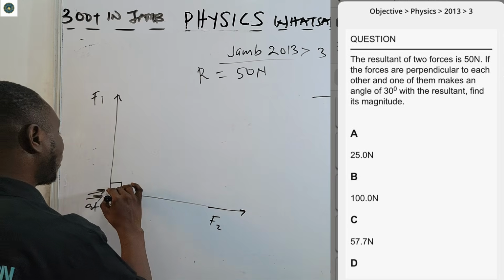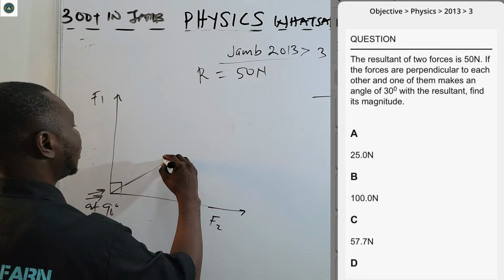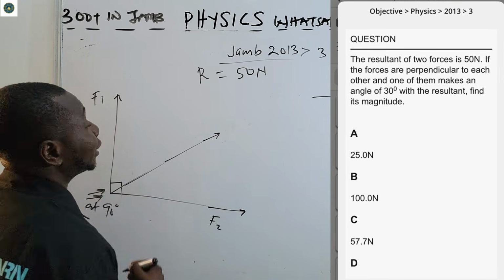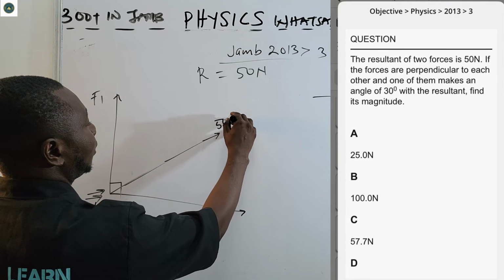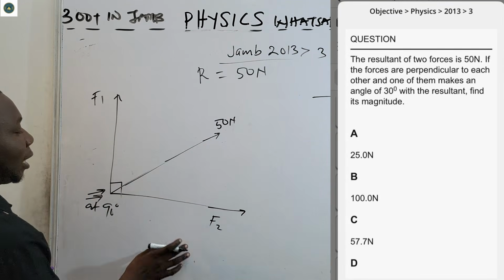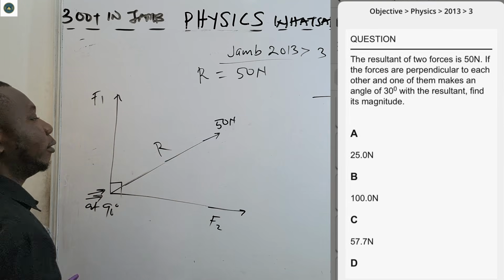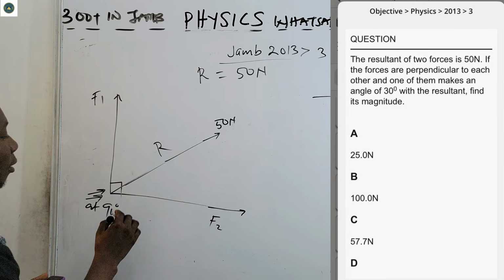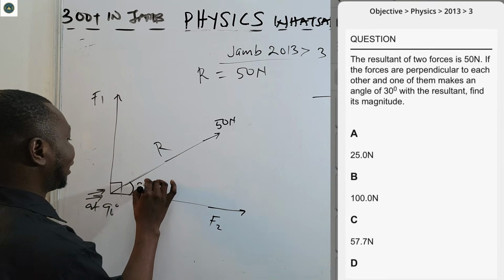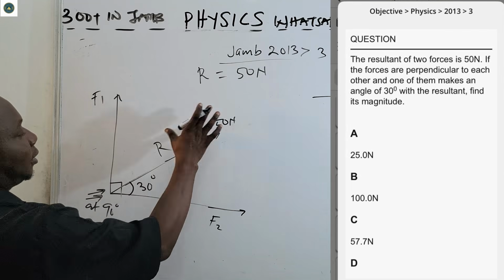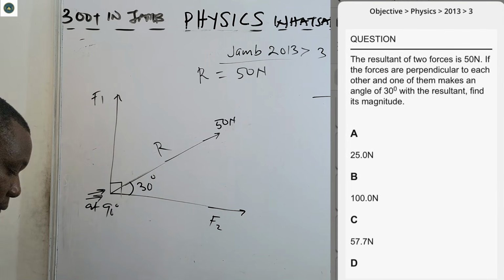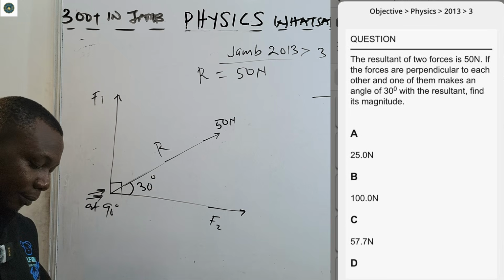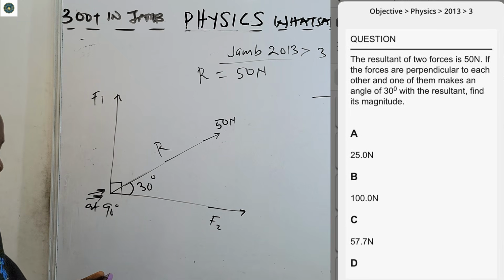But we're told that there's a resultant. We have a resultant of 50 Newton. The two vectors have a resultant of 50 Newton acting at 30 degrees. That means we have the magnitude, which is the resultant, and the direction. Now the question says, the resultant of two forces is 50 Newton.